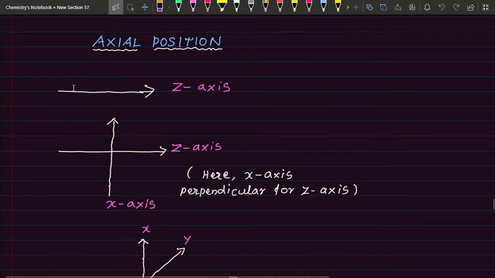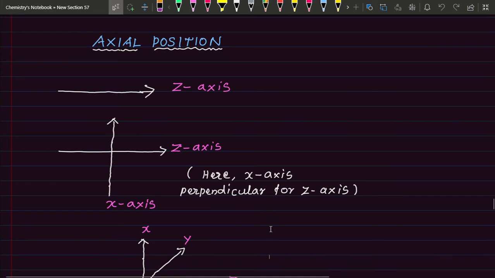So this is the x-axis, sorry, this is the z-axis, not x-axis, because we can see this in 3-dimensional. So this is the x-axis. Sorry, this is the z-axis, this is the x-axis. See here, x-axis is perpendicular to z-axis.